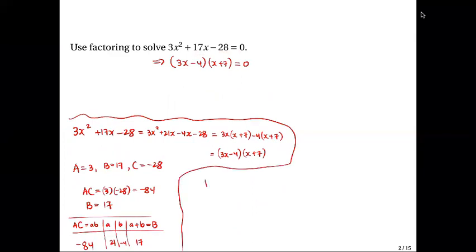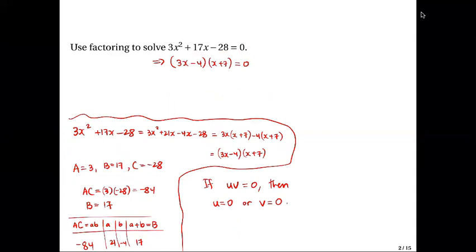Recall that if the product UV is equal to 0, then U equals 0 or V equals 0.